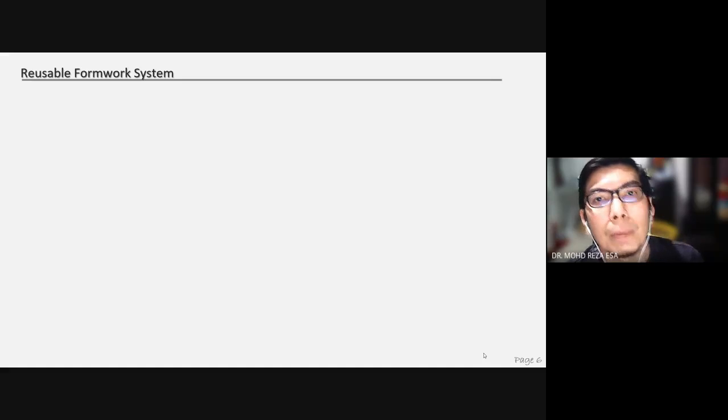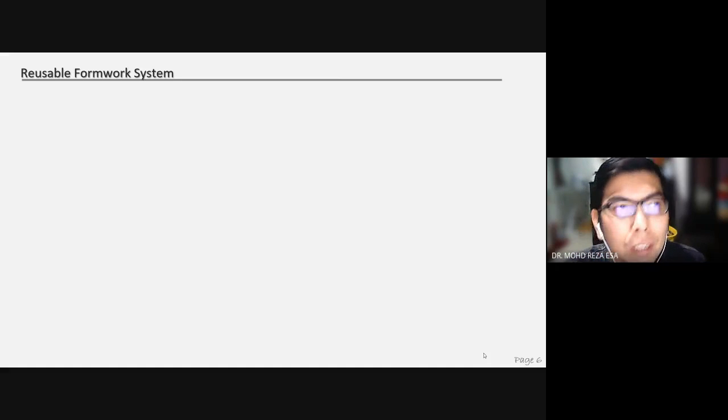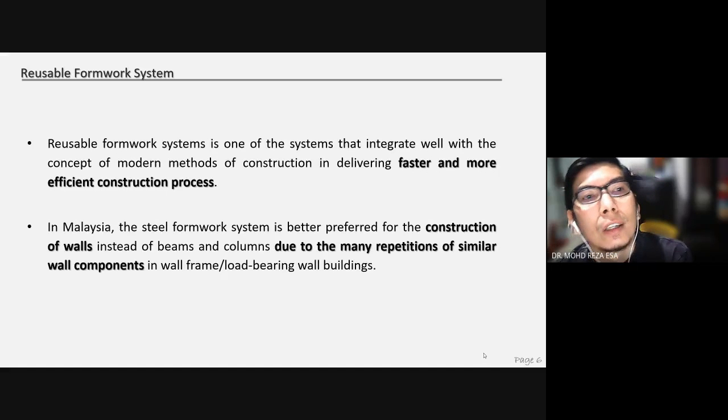Again, the element of repetition plays a big part in including this reusable formwork system as part of IBS. This reusable formwork system is one of the systems that integrate well with the concept of a modern method of construction, which is IBS, in delivering a faster and more efficient construction process.